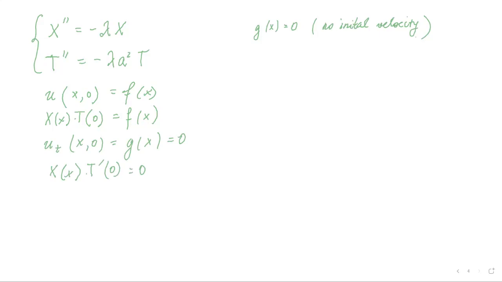What does it mean? We are not going to assume that X of x, the whole solution, is equal to 0. So the only thing which can turn it into 0 is this one. So we have T derivative at 0 equals 0.